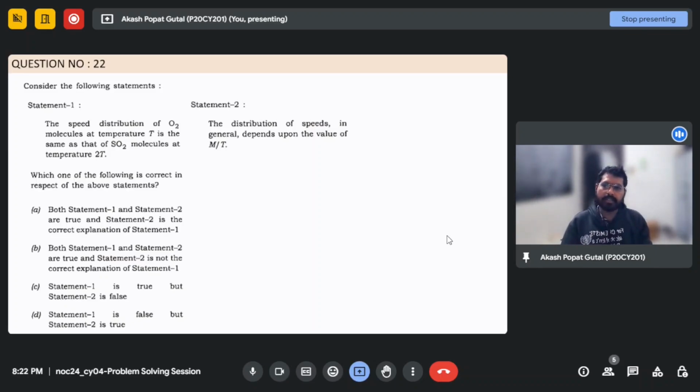Only these two things can change the distribution, and both depend upon m by T, one upon root m by T. Both depend upon m by T, which means the distribution of speeds depends upon the value of m by T. But you need to check whether statement one is correct or not.